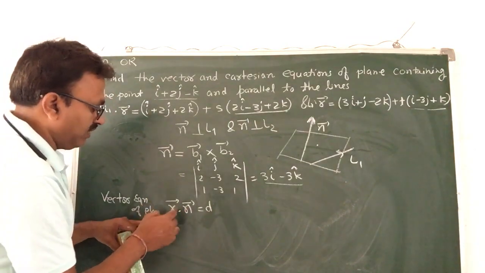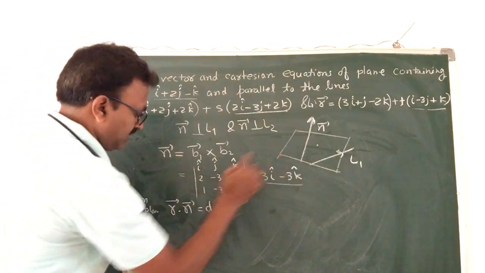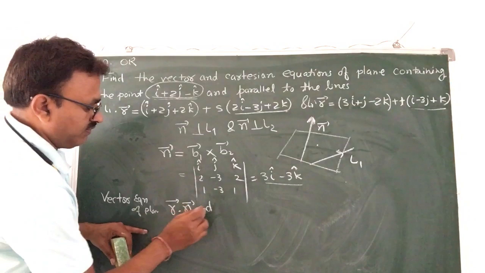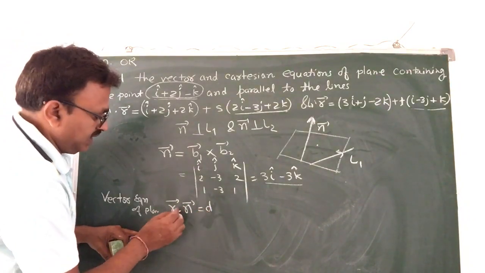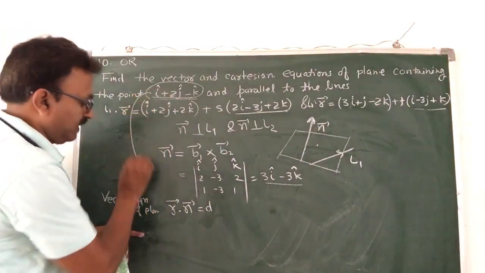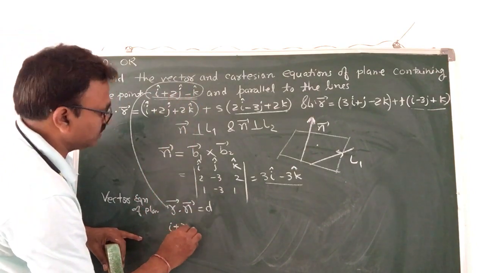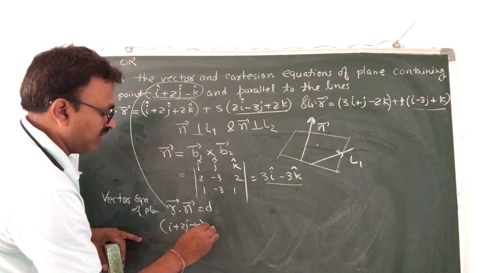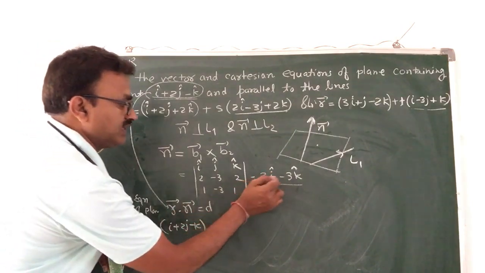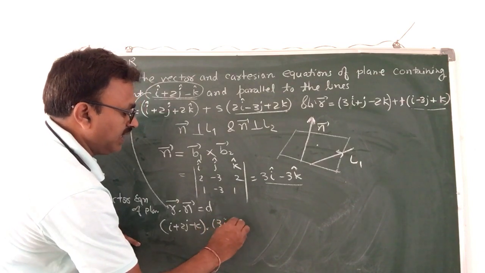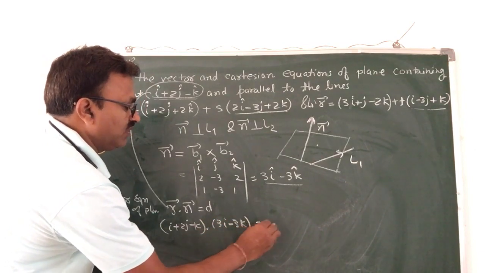We know that this plane passes through the given point. So now we can find d: in place of r we put this vector, i plus 2j minus k, dot vector n, and in place of vector n we write 3i minus 3k, equal to d.